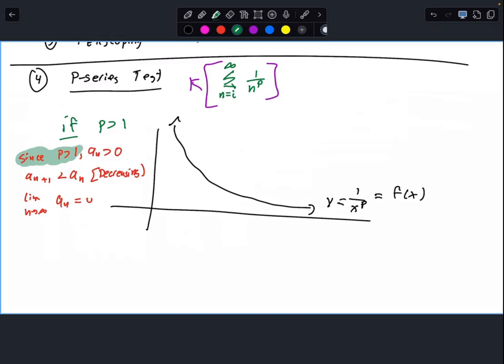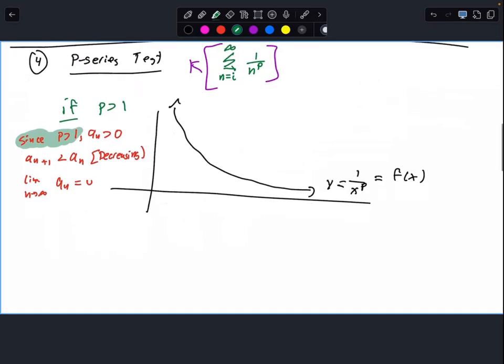So that's why saying something is a p-series is very specific. Whereas those other ones, when it's not a p-series, it can go up and back down, and it's not necessarily always decreasing. Okay? So why is this graph important? Because we can look at the values 1, 2, 3, 4, and so forth.